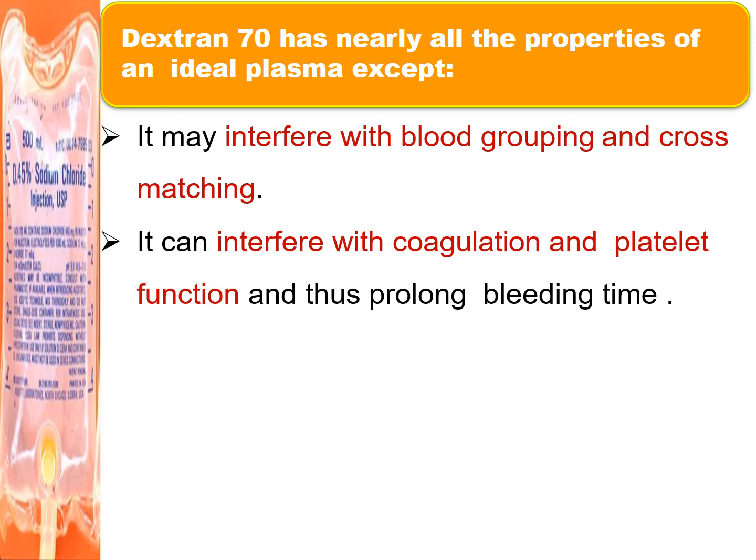Another thing, dextran 70 can interfere with coagulation and platelet function, and thus prolong the bleeding time, which is another important disadvantage.